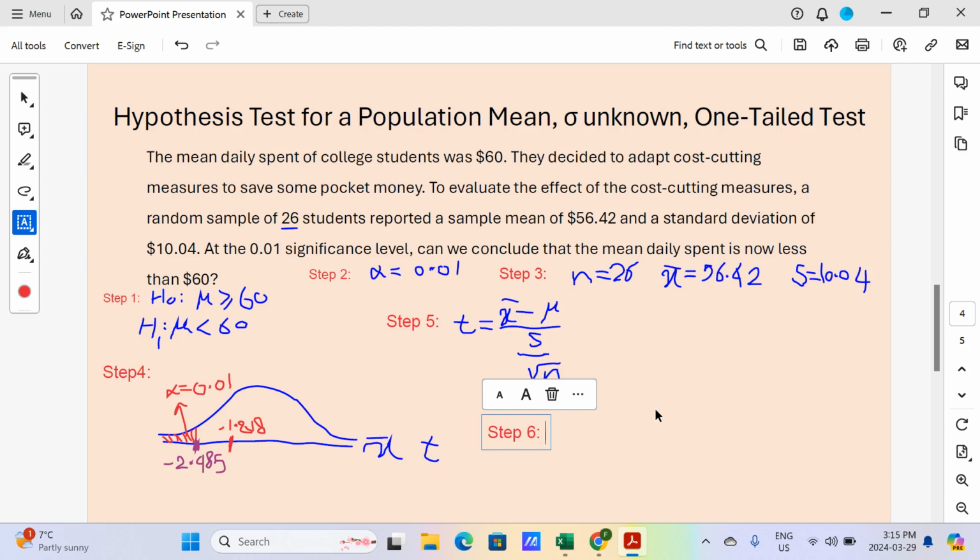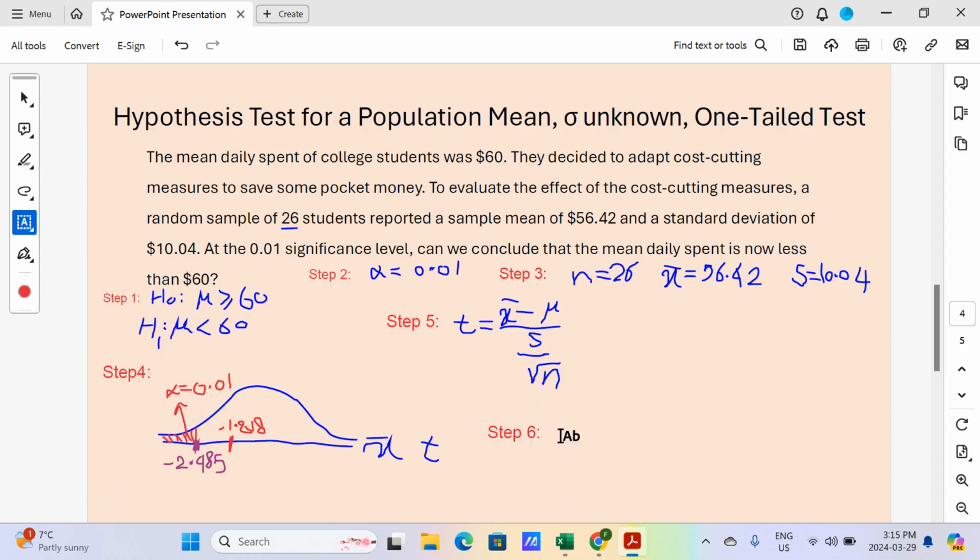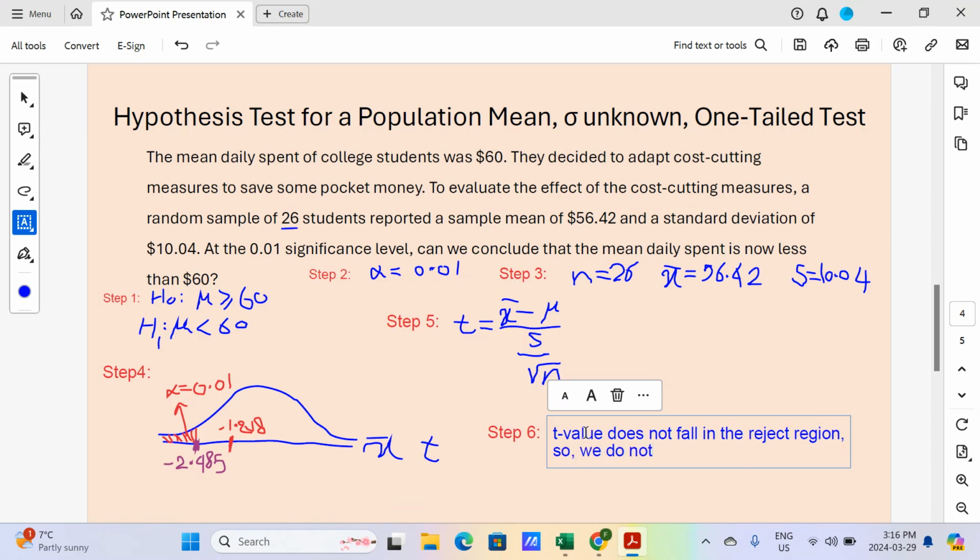Because the t-value does not fall in the rejection region, we do not reject H0.